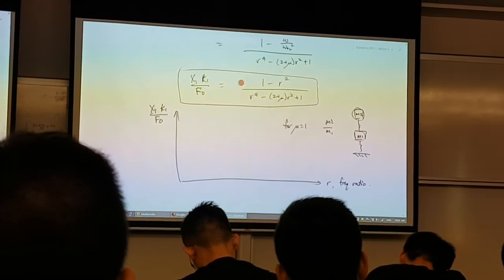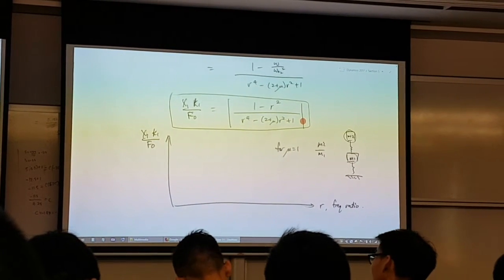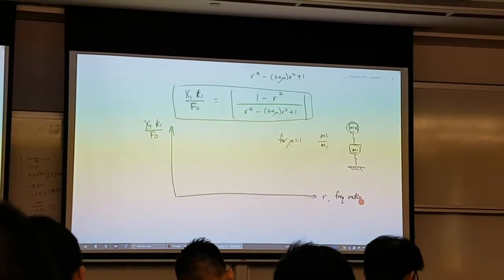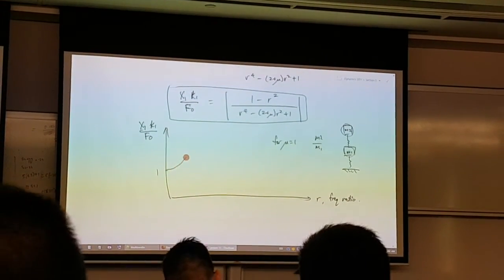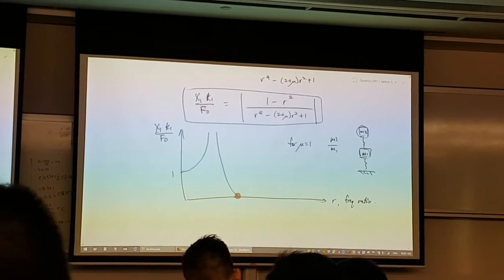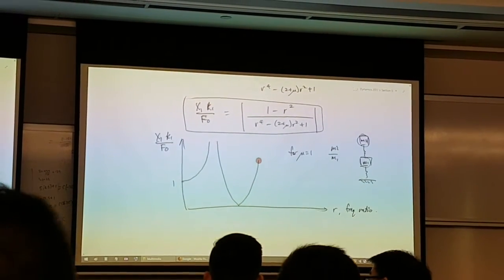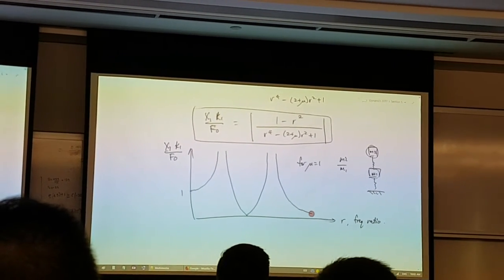So if I were to plot this, and particularly do the plot in modulus, then the kind of sketch I'm going to get is going to look like this. It goes up, it's going to come down. It's going to go up again to infinity, and it's going to come down.